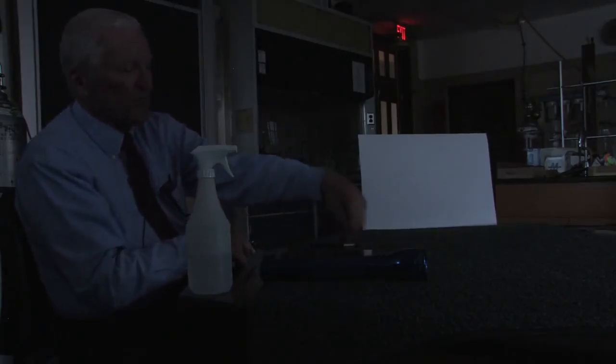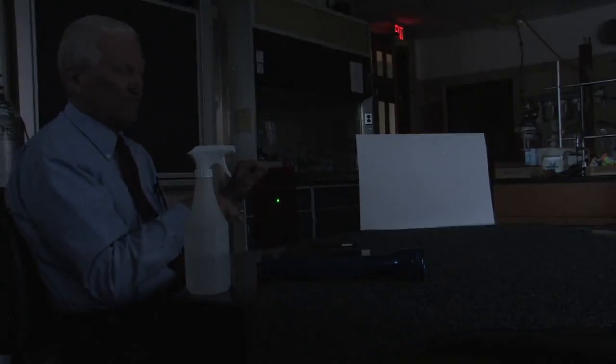Let's now change the color of the laser from red to green and do exactly the same thing. Take our red filter, we expect to see red light projected through it. We show green light through it, and because of the strength of this particular laser, we see that there is a small amount of green light actually transmitted through the filter to the white screen, but most of the green light is filtered out.